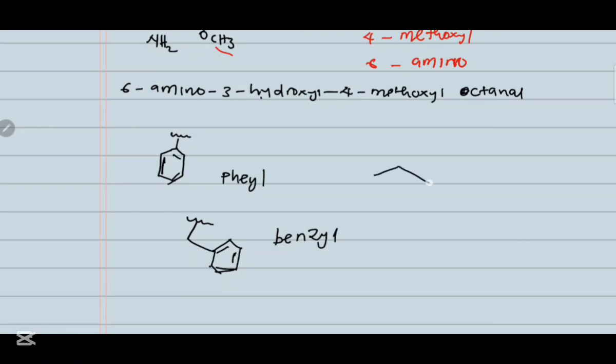Let's go to an example concerning this. So you may be given a compound like this one. Then here H. This position shows the attachment, and this position also shows the attachment here.